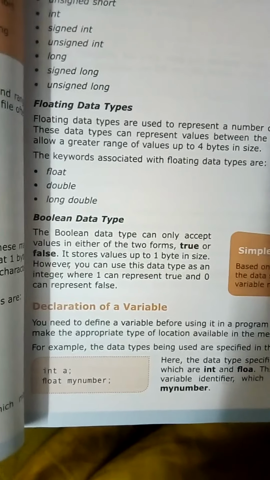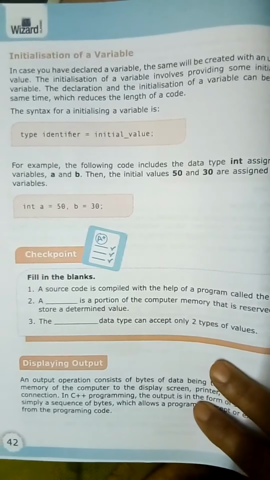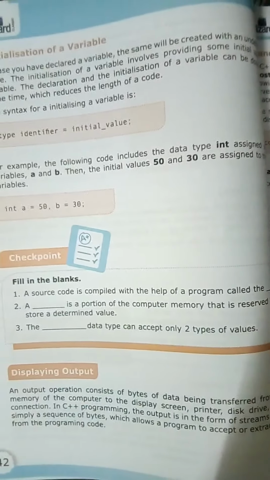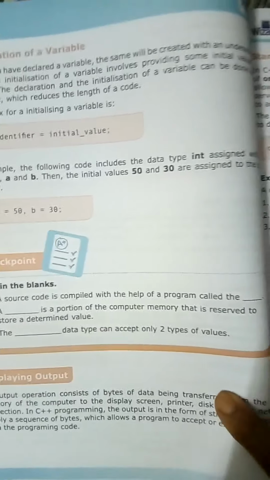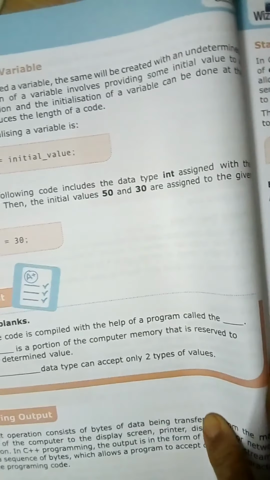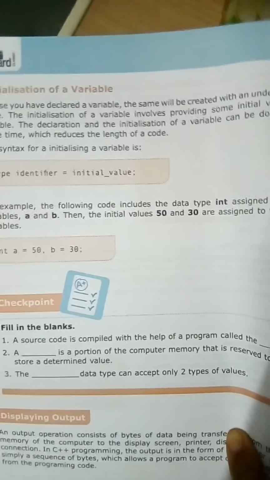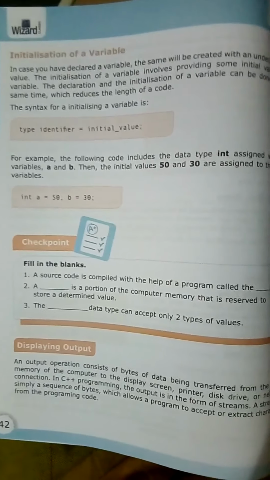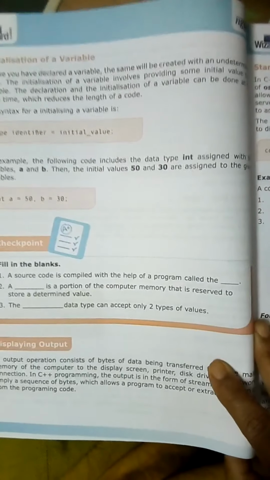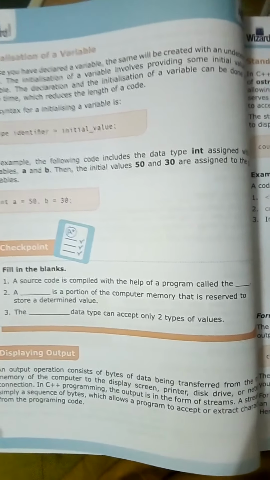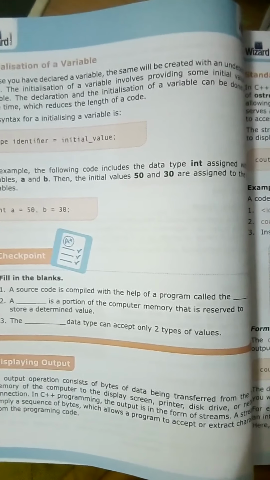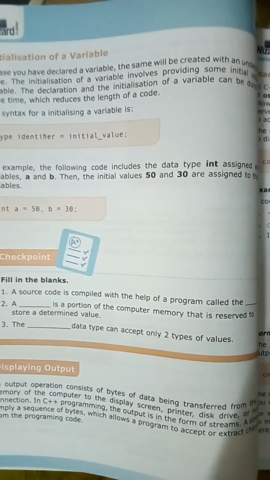Next we will see how to initialize a variable. If you have declared a variable, it is created with an undetermined value. The initialization of a variable involves providing some initial value to the variable. Declaration and initialization can be done at the same time.